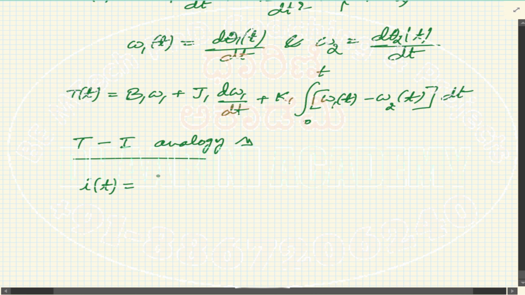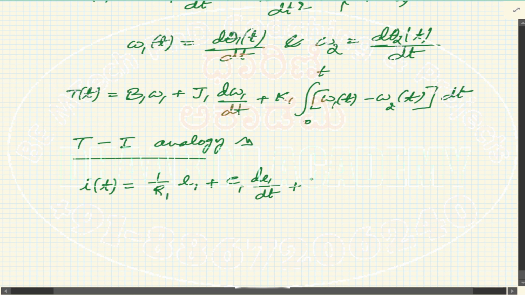So now it is 1 by R1, omega 1 is nothing but the E1 voltage, plus J1 becomes equal to C1. So omega is equivalent to voltage, so this is dE1 by dt.